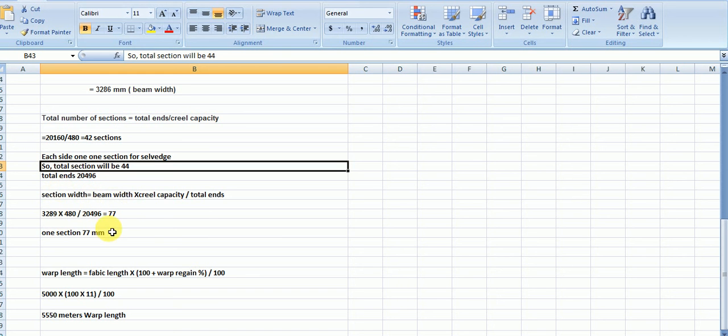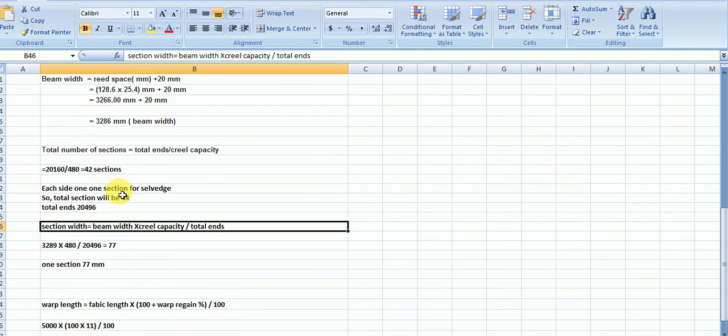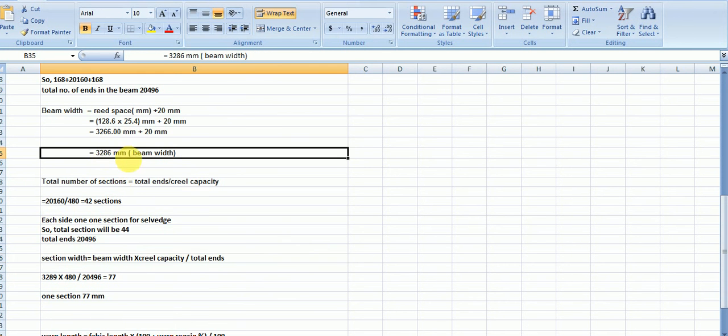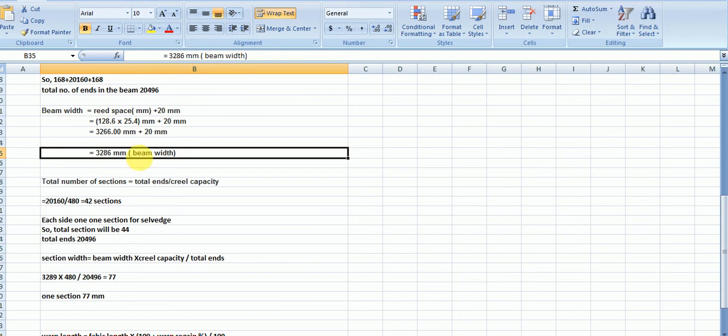How do we decide that? How do we calculate that? Section width, how much width will it be? For section width we just take the beam width multiplied by creel capacity divided by total number of ends. Beam width is 3286.